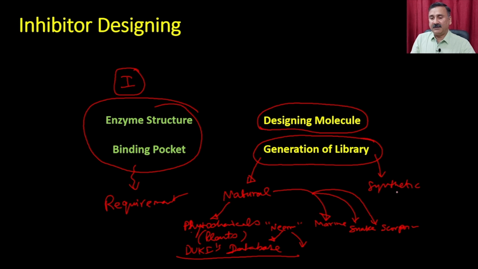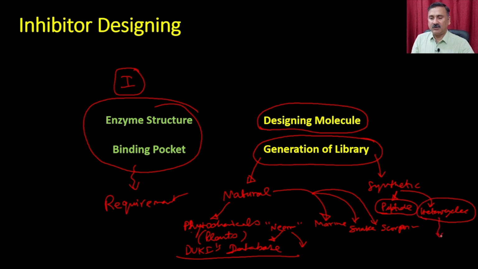And then you can have the synthetic library. So you can have the peptide based library. So you can have the different types of molecules. You can have the peptide based inhibitors, you can have the heterocyclic compounds, and there are a lot of libraries present where you can have the peptide library and the heterocyclic library.